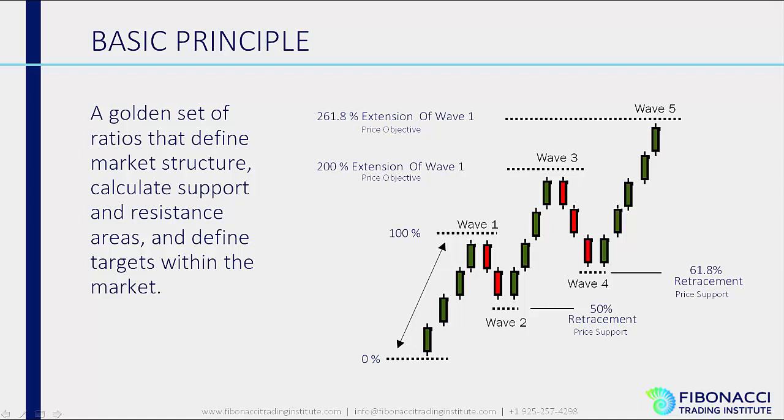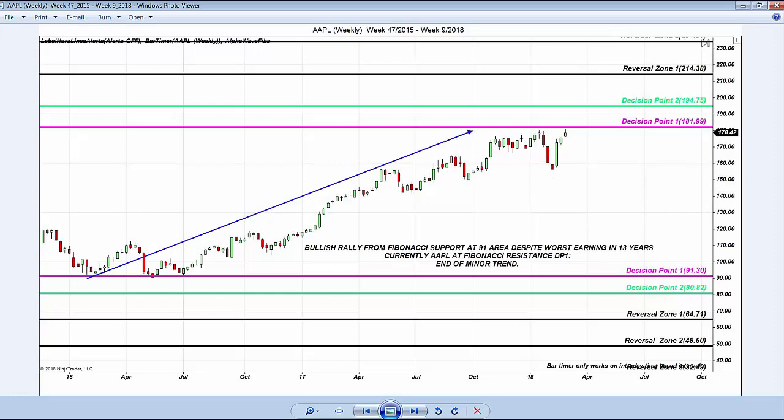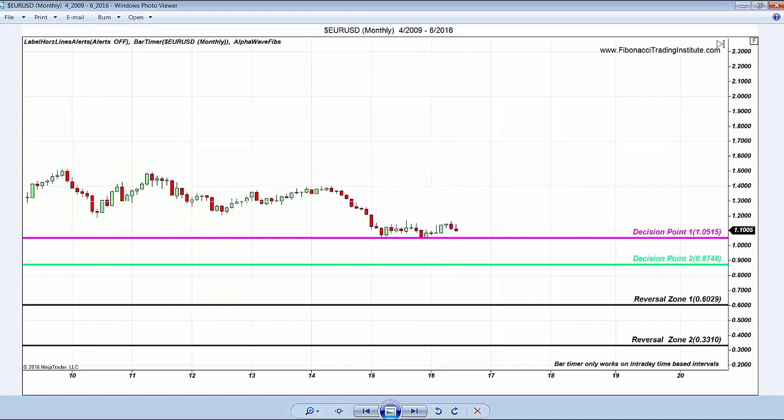Here's where Apple had ended and been stuck for a long time. Buyers are weak on Apple. And this is where Euro rallied from. Remember ultimate support on monthly?